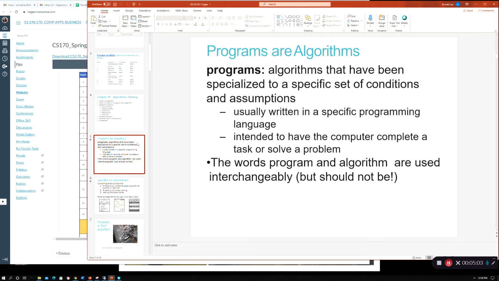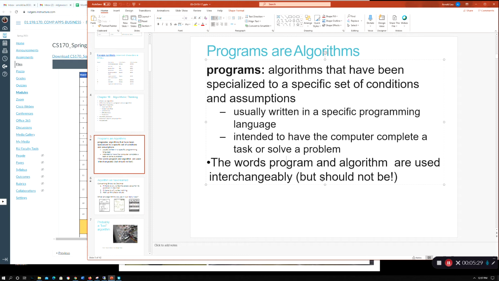Okay, so here, it basically just talks about, from our standpoint, programs as implementations of algorithms. That's the way I would describe it. And I think probably this last line, where it says the words program and algorithm are used interchangeably, well, they shouldn't be.